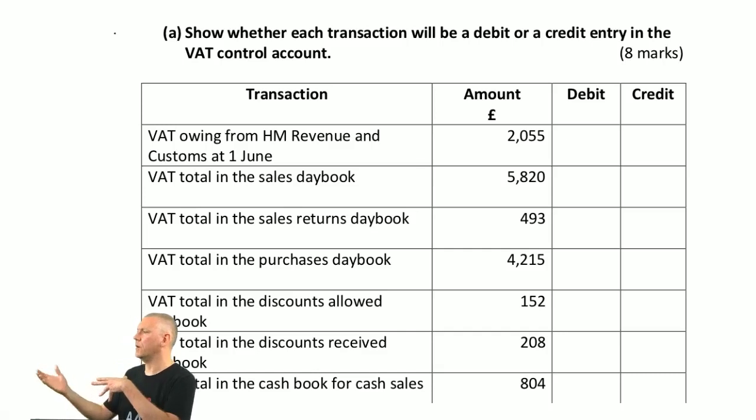If it's owing from them, then they owe me. Now, perhaps I should use the language of debtors and creditors. So normally I owe them, and therefore I have a creditor.